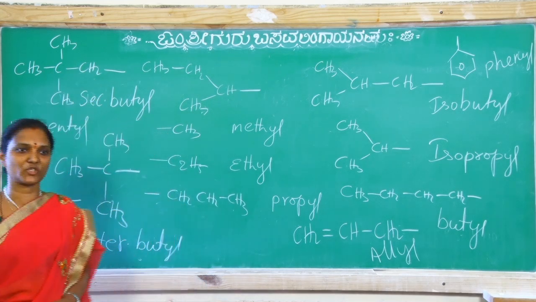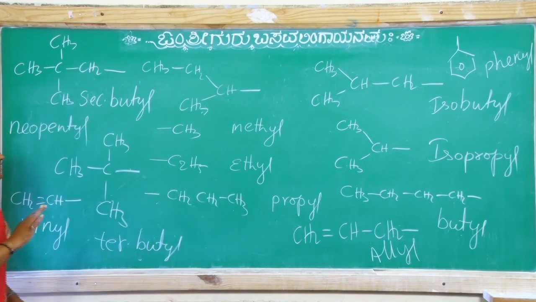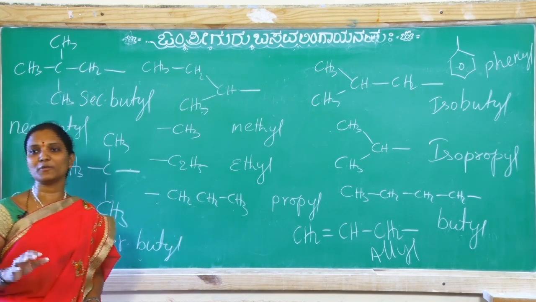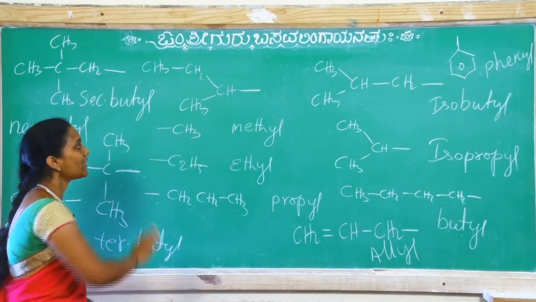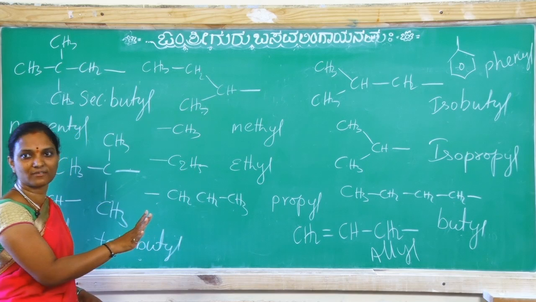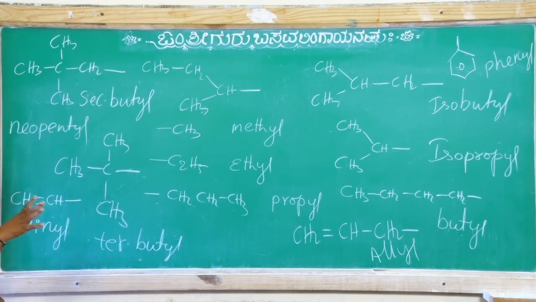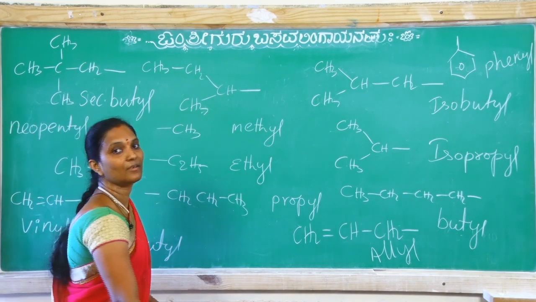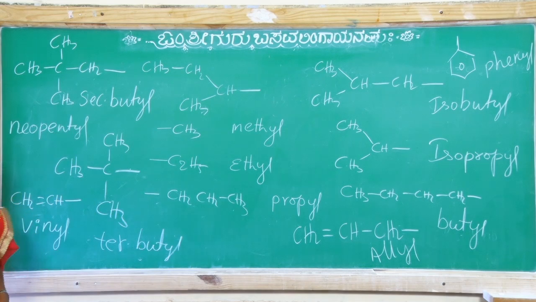These are the branches. So this type of branches given, how to write the IUPAC names. Definitely first we should practice these names. Which is isopropyl, which is isobutyl, secondary butyl, what are these branches?